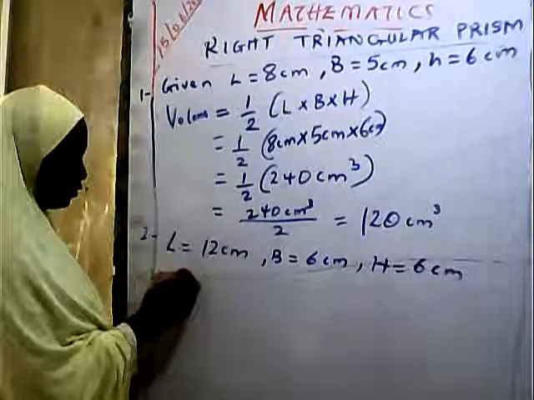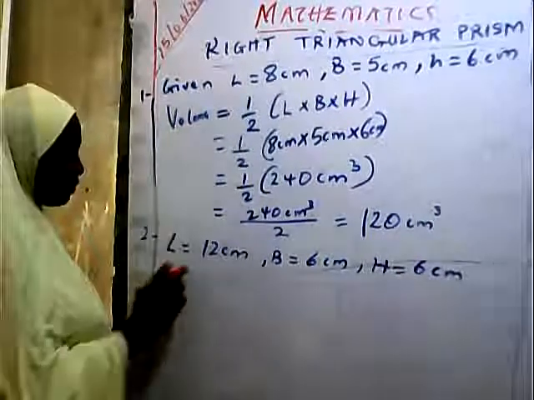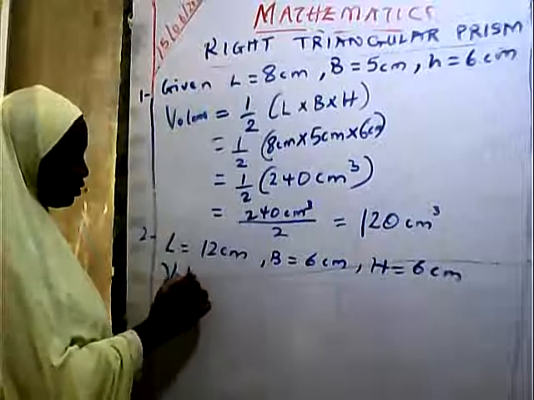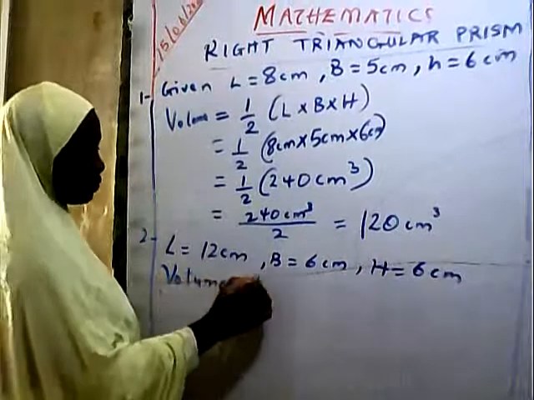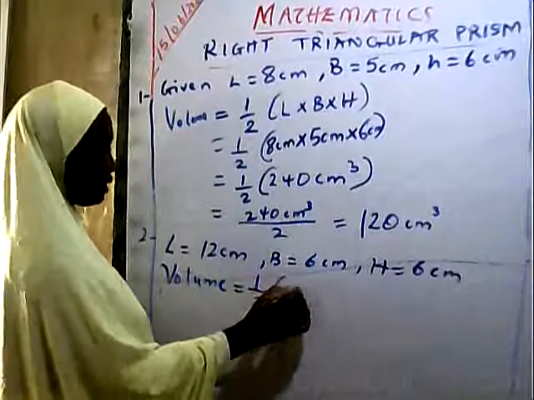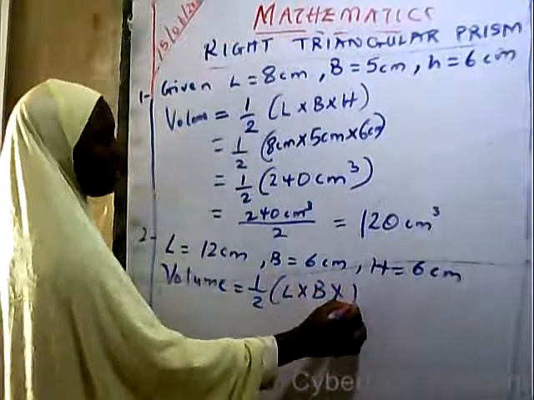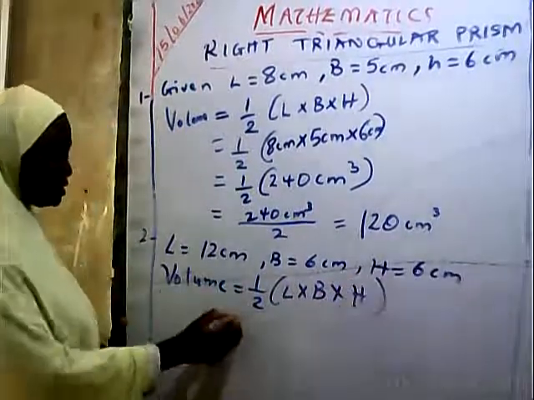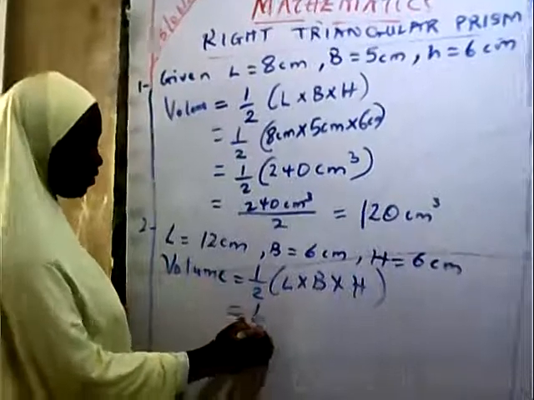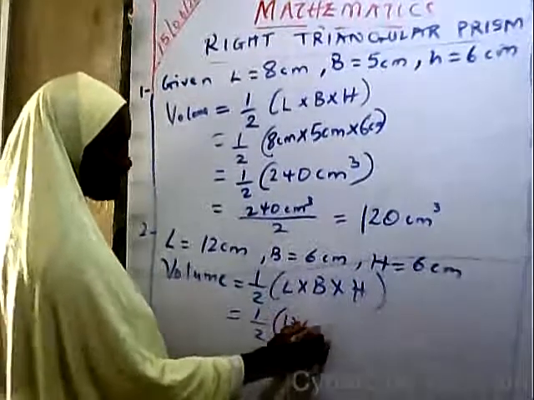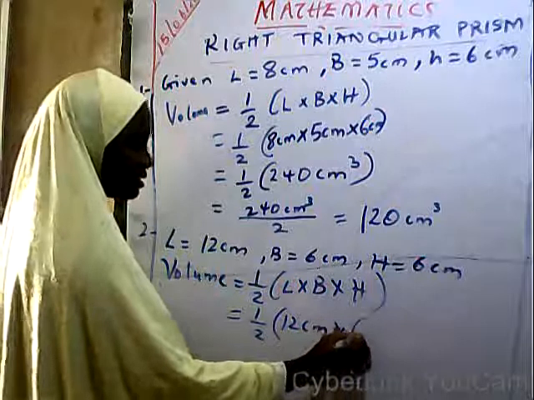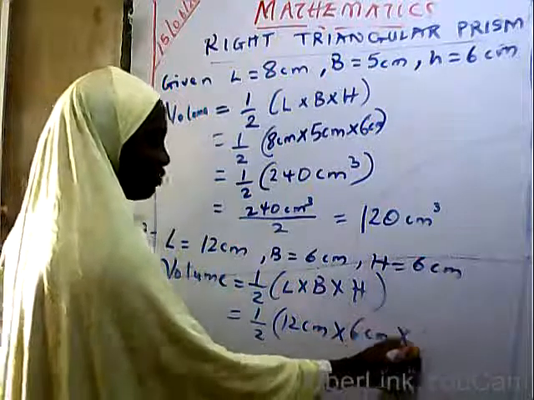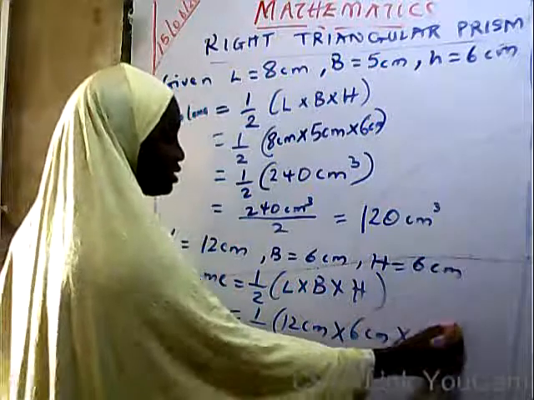The same formula applies: half length times breadth times height, or times base. That is 1/2 times 12 centimeters multiplied by 6 centimeters multiplied by 6 centimeters.